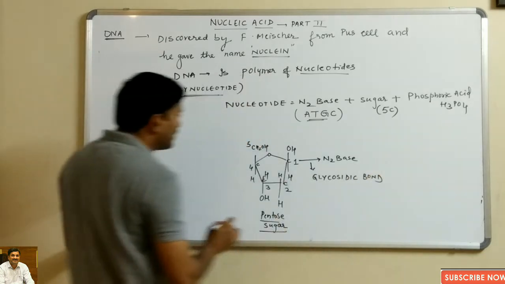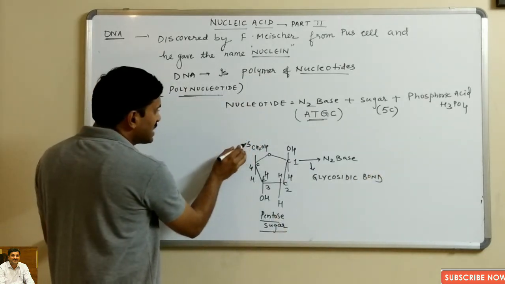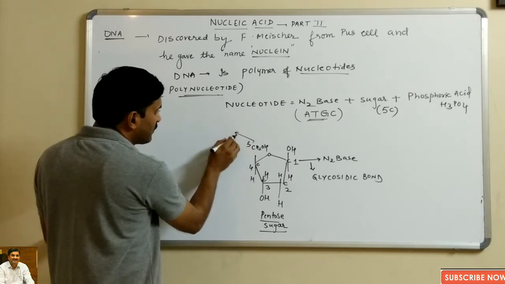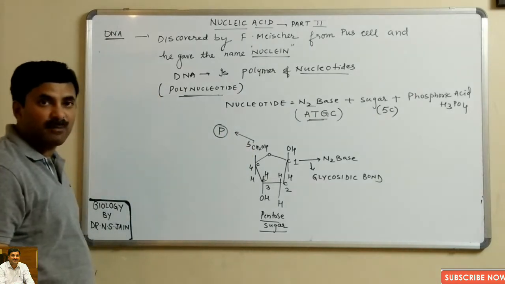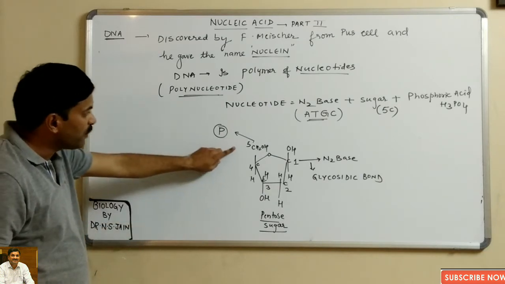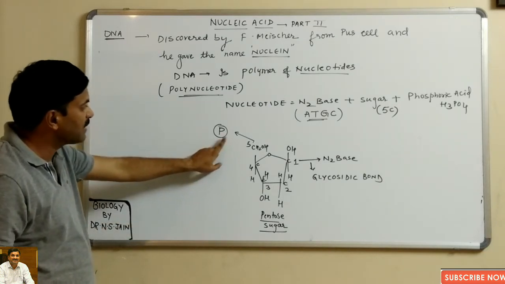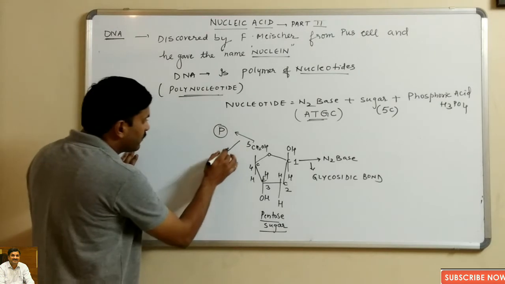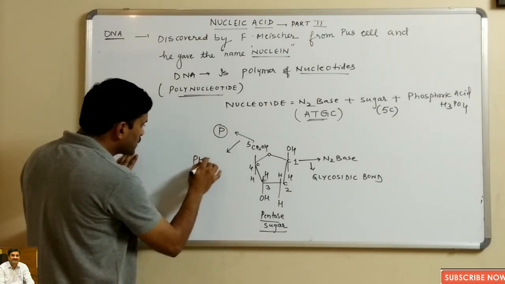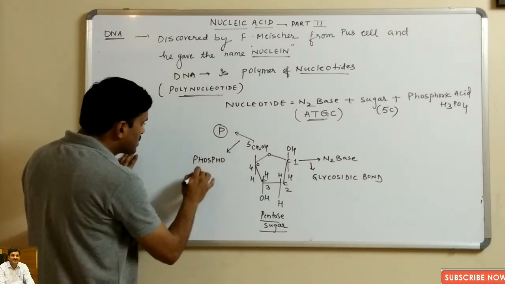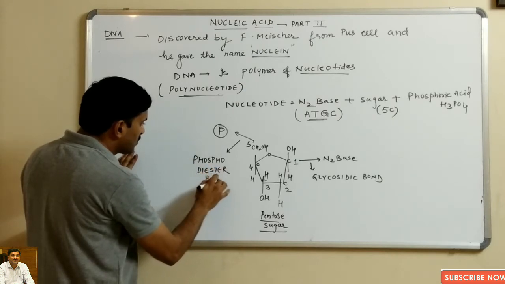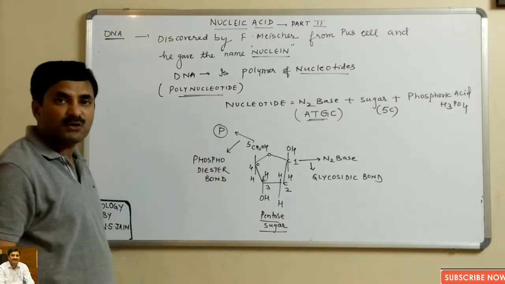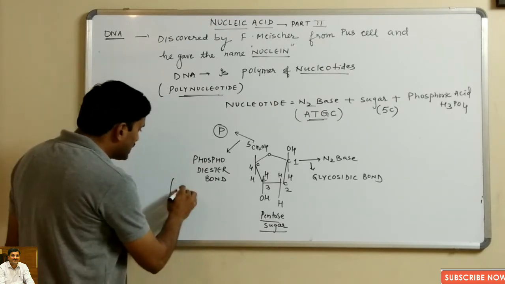And always remember that phosphate is attached to the 5th carbon atom of the sugar, and it forms what? Phosphodiester bond.